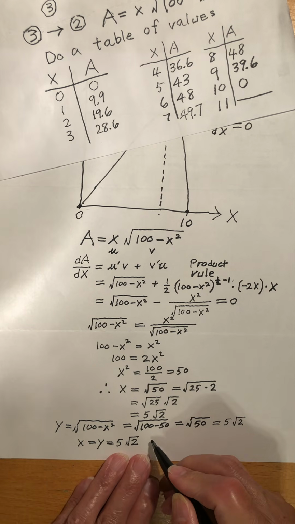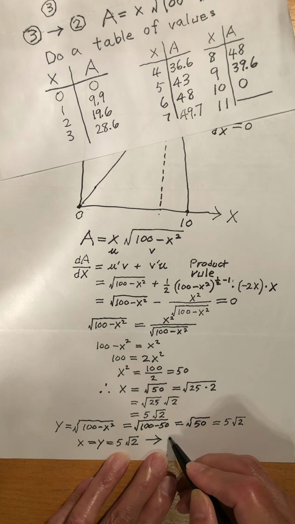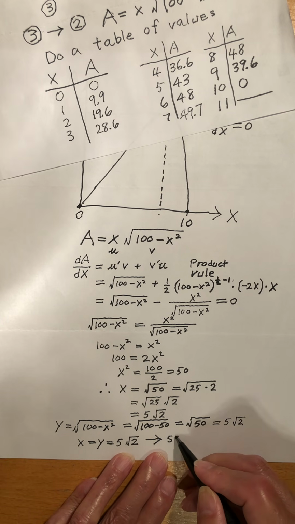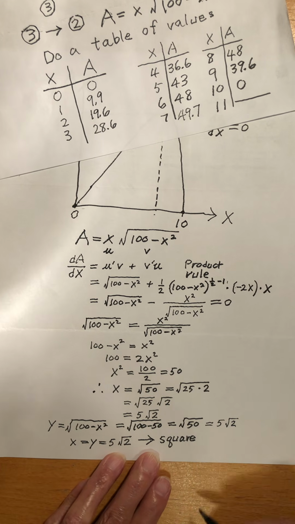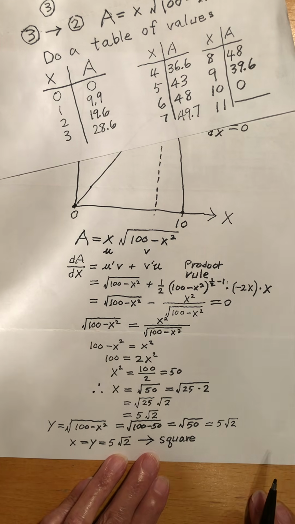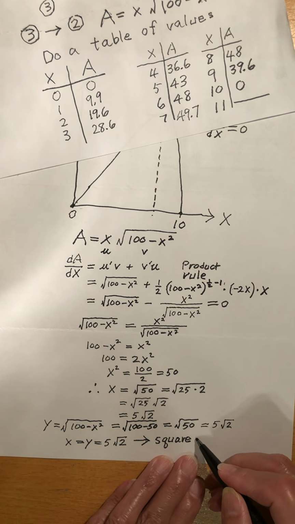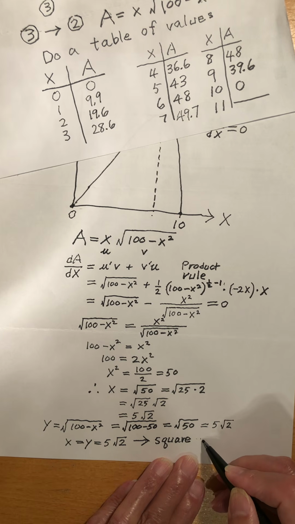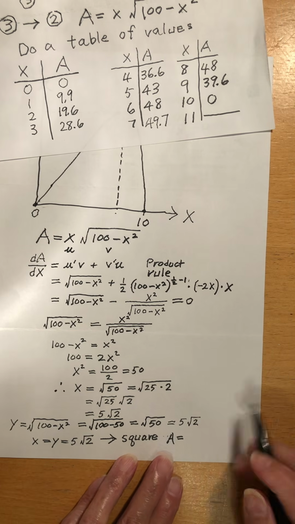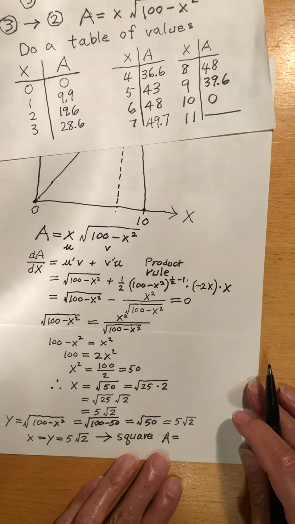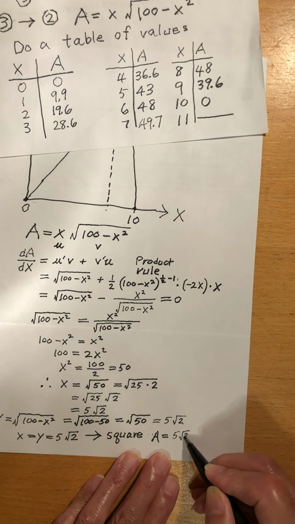That means it is a square. This tells me the rectangle is a square. What is the area? Area is x times y. And a square, the area is x times y. So 5 root 2 times 5 root 2. So it's 5 root 2 squared.